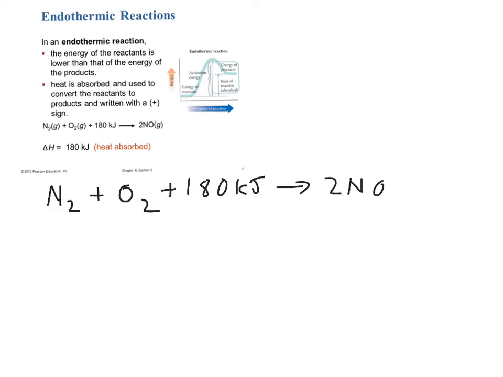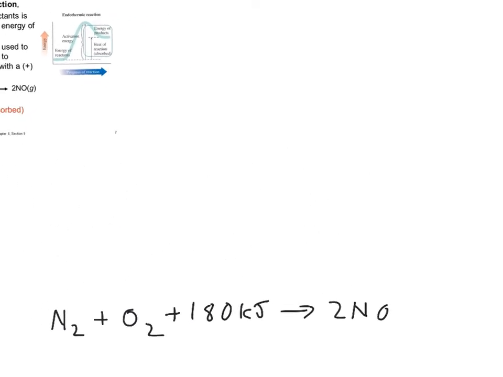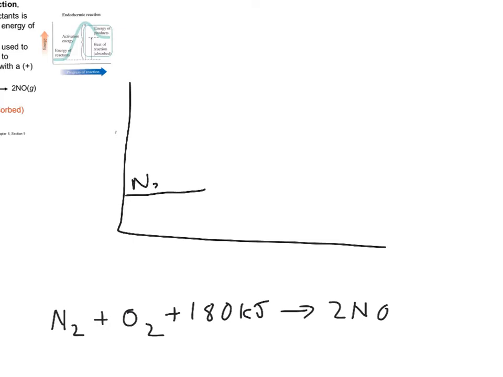If we were to do our energy diagram of it, we'd start off and we'd have nitrogen and our oxygen. We'd have to add some extra activation energy to get the reaction started, and then we'd form our products.